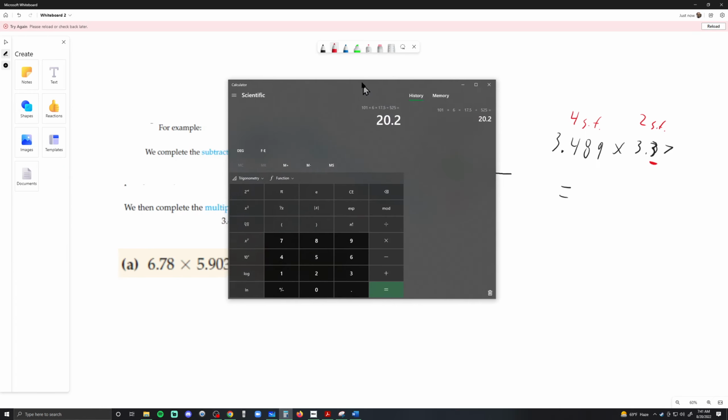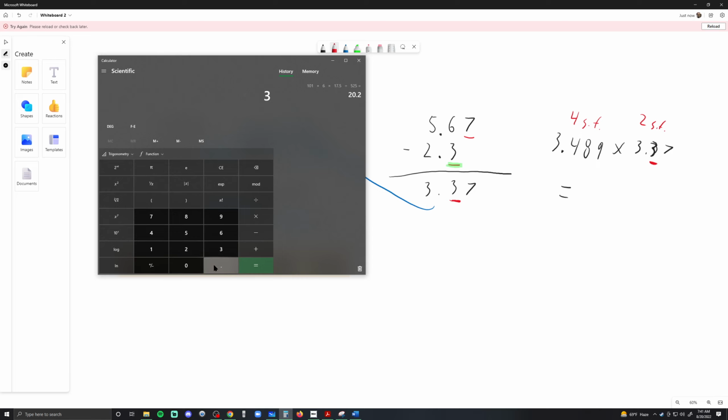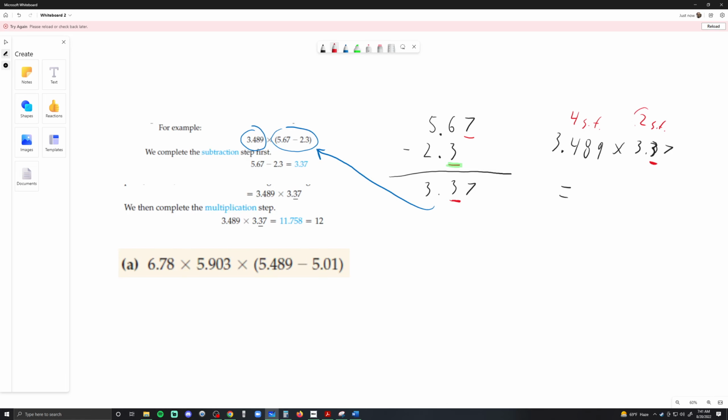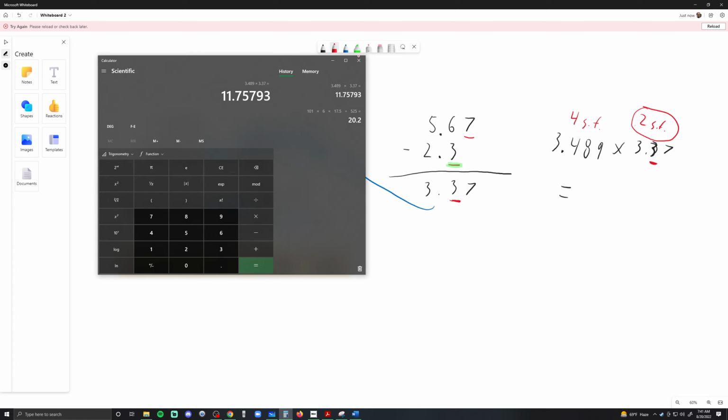Here's the calculator, and we're going to do 3.489 times 3.37. Okay, and so our calculator spits out all these numbers. I think we're fine if we write the first 4 because we're really only going to be using two sig figs. So I'm going to write 11.76, let's say.